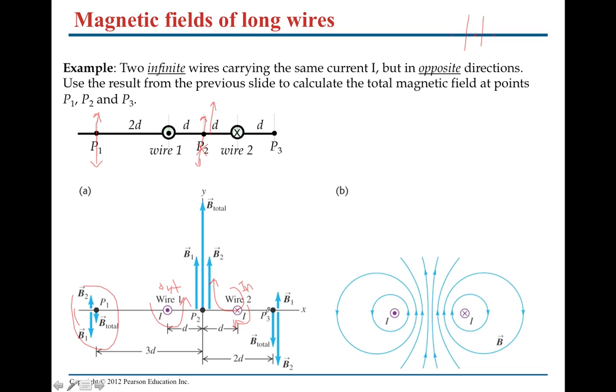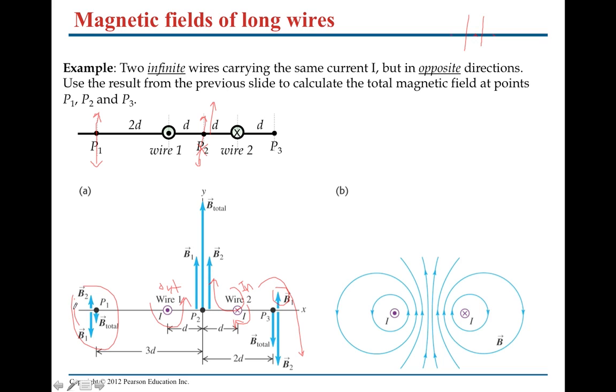they subtract. Because if you look at this one, for wire 2, which is again into the page, that means you curl this way, and this will give you this B2, and this one you curl this way, and that will give you this one, this wire right here. Okay, so what does that mean?